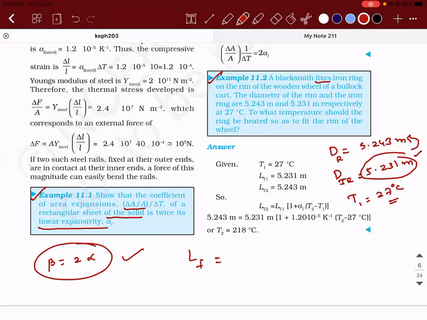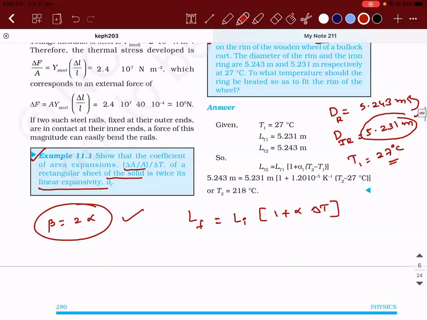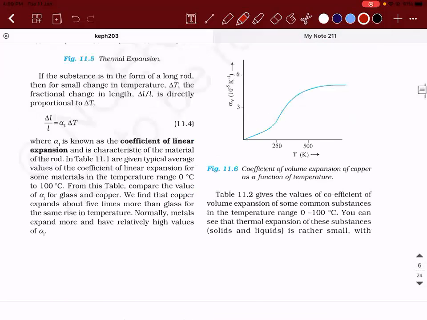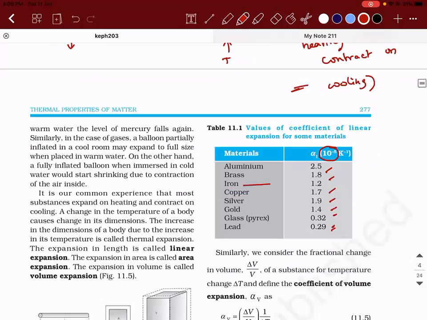So 5.243, that is diameter is length, no? Final length is equal to initial length into 1 plus alpha into delta T. So L final is 5.243, L initial is 5.231 into 1 plus the value of alpha for the iron ring, which will be given here. Actually, they are supposed to give it in the example.